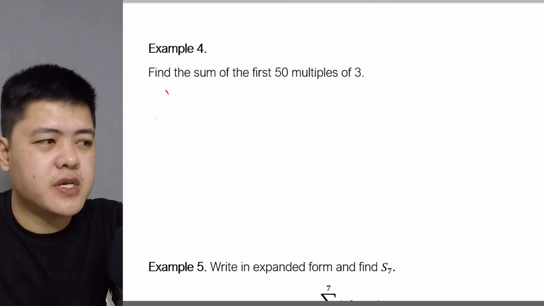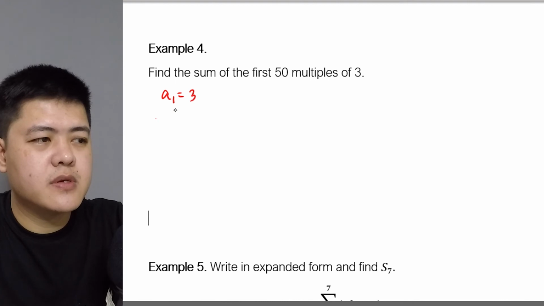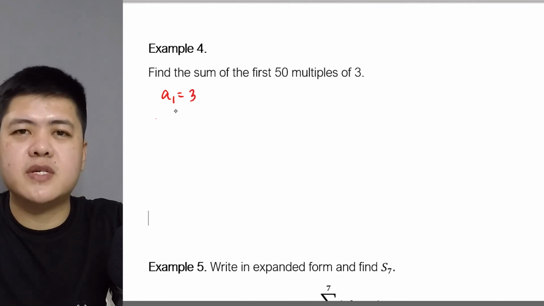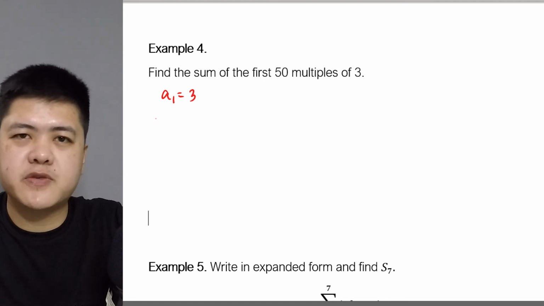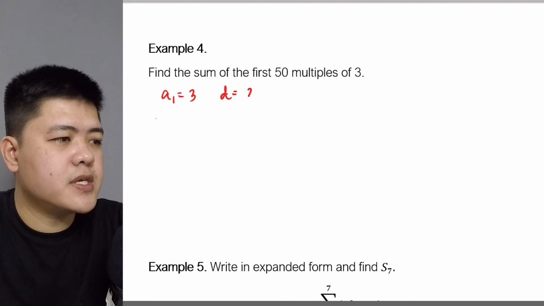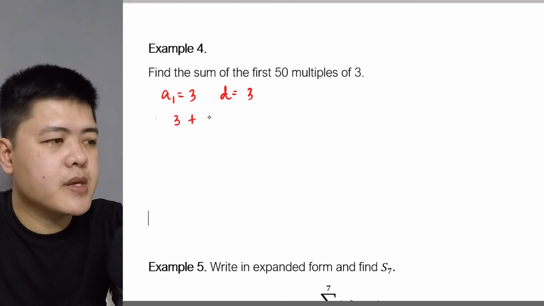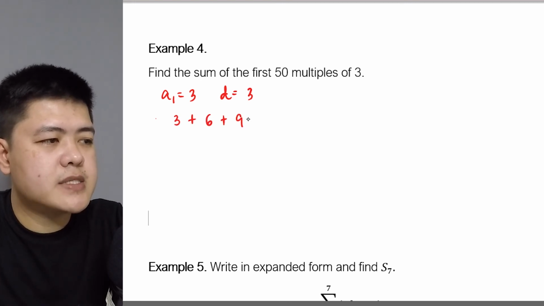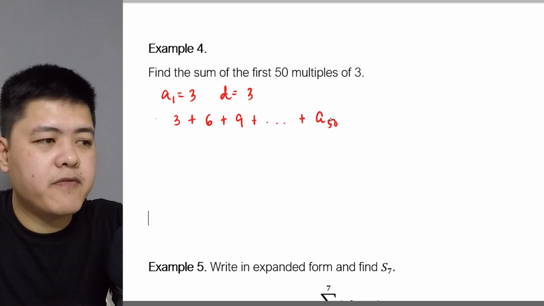So a sub 1 is 3. And common difference is 3 also. Kasi multiples of 3. So 3, 6, 9. Common difference is 3. So parang 3 plus 6 plus 9 plus hanggang yung pang 50th.